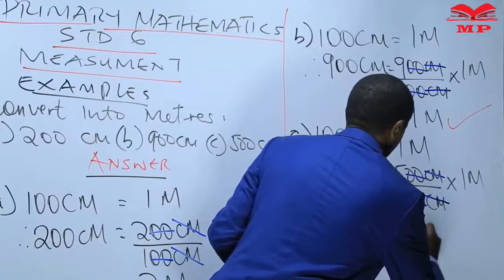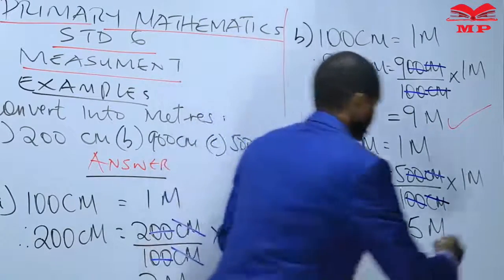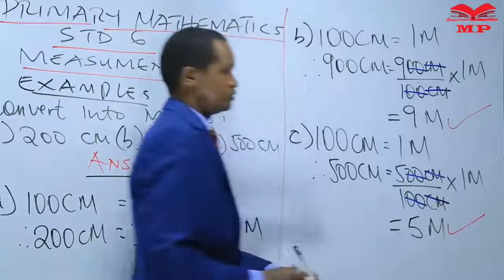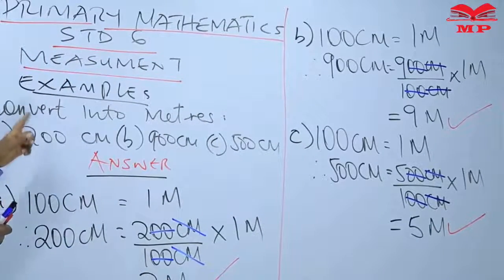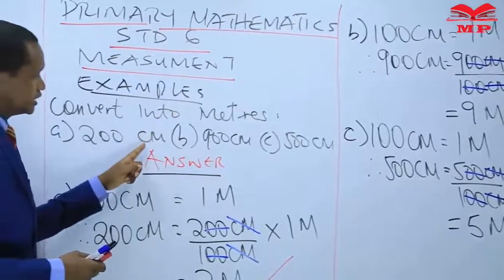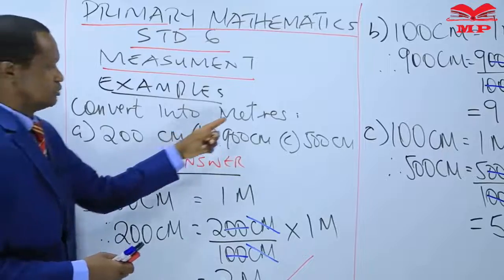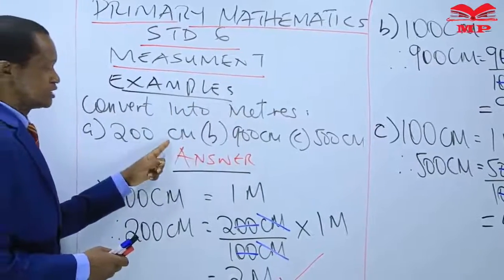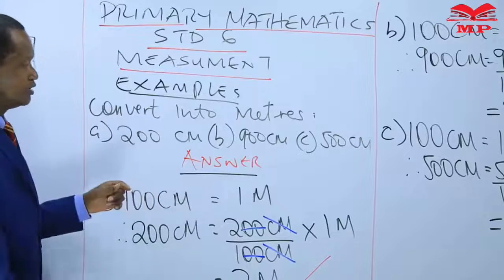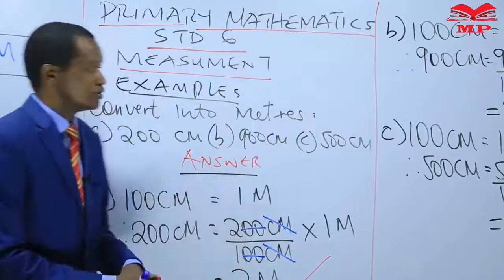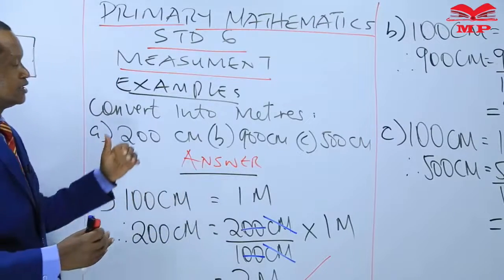And that is the answer to the question. Pupil, that is how to convert centimeters to meters. And that will mark the end of today's lesson, where we've revised what we covered in our lower classes.